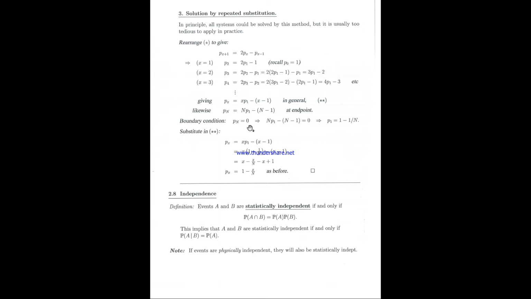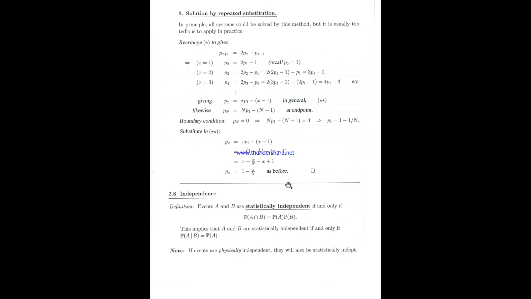But we know at the boundary values we have P capital N is equal to 0. So if you substitute 0 here, you will get capital N times P1 minus (N minus 1) is equal to 0. That is, P1 is equal to 1 minus 1 over capital N. Now we can substitute the P1 value into the Px equation: x times (1 minus 1 over N) minus (x minus 1).